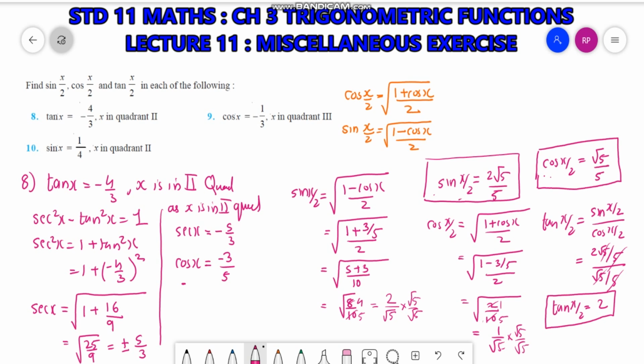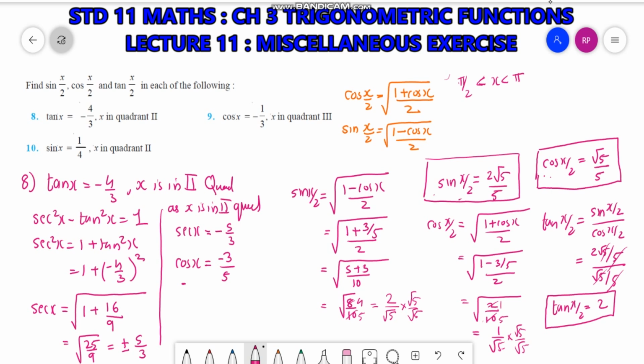Here, so note down question number 8. And see here, x was given in the second quadrant, which means pi by 2 less than x less than pi.